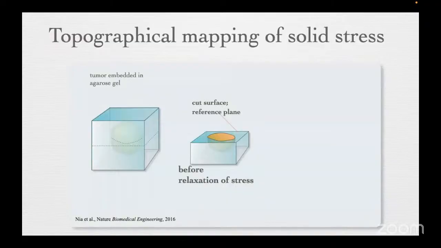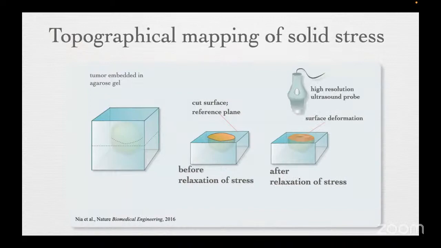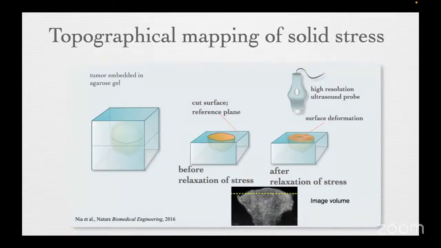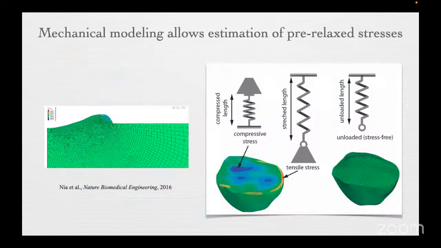So what we do is embed it in agarose, make the cut, and then do high-resolution ultrasound imaging of that interface to get the topography after the relaxation has happened. And then from that topography, you can use mechanical models to back calculate how much stress had to be in the tissue when the cut was made to result in that deformation.